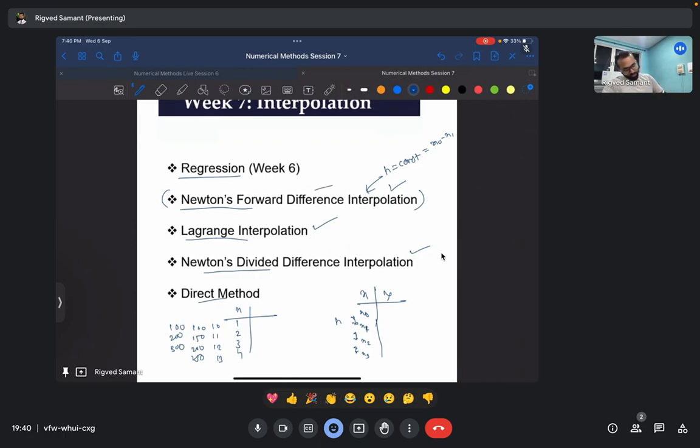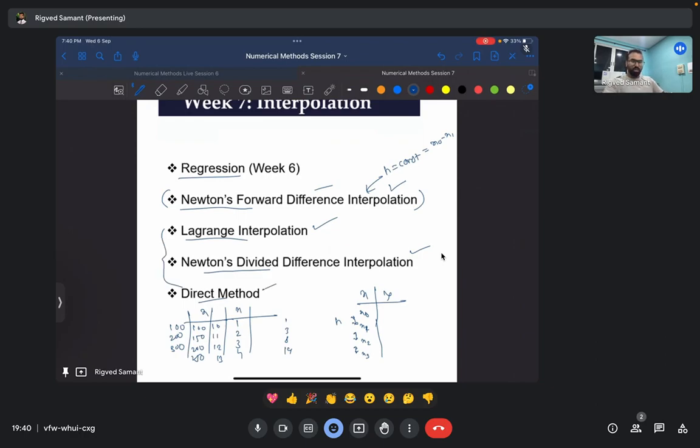If your x values are something like 1, 3, 8, 14, so the difference is changing here, right? In that case you have to go for these 3.